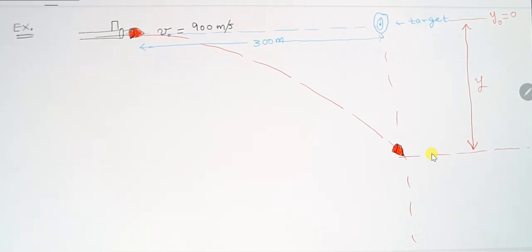Again, it's a free fall problem. That is the starting point when we shoot the bullet, the same level of shooting. Right, Asim?